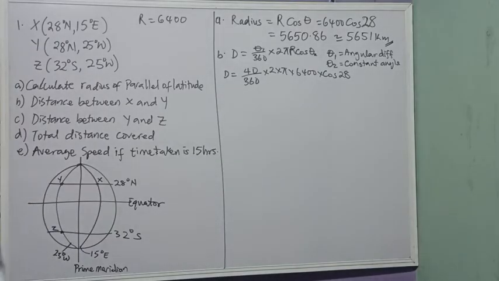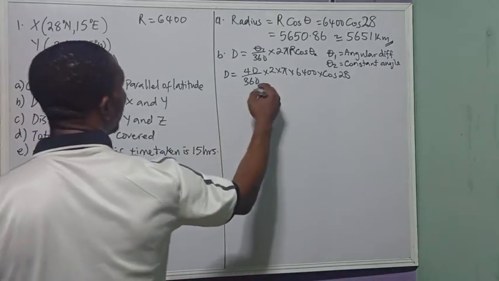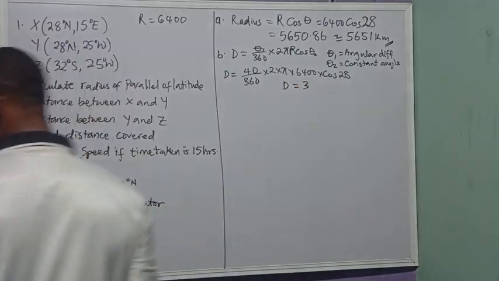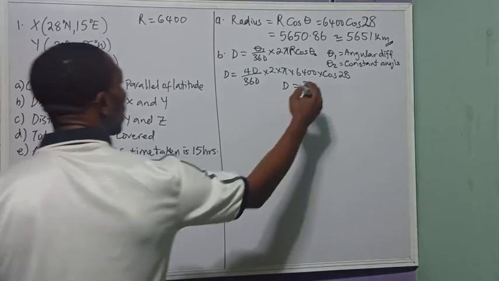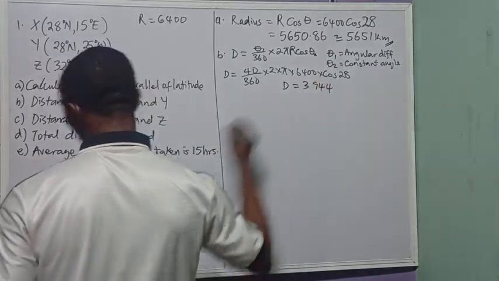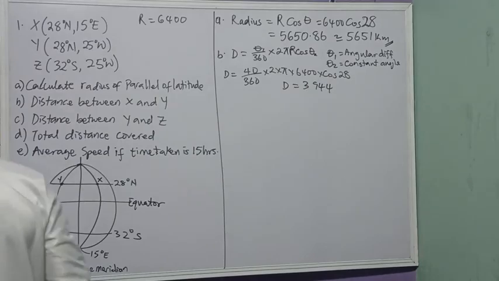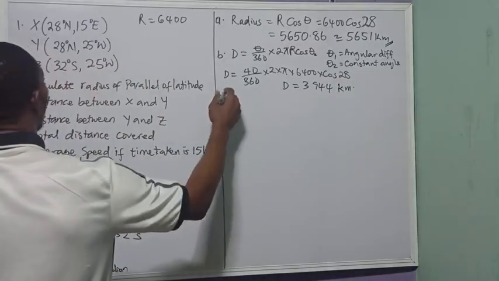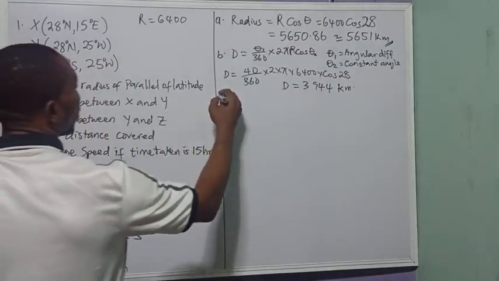If we multiply this through, our answer will be D equals 3944 kilometers. That's the distance between X and Y.